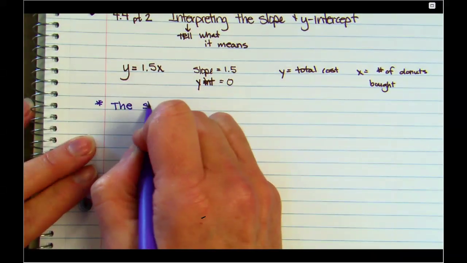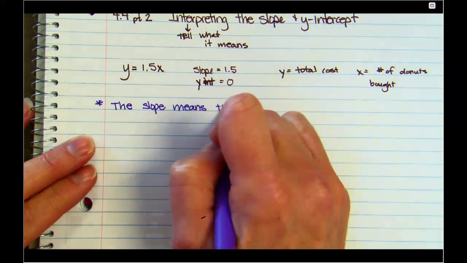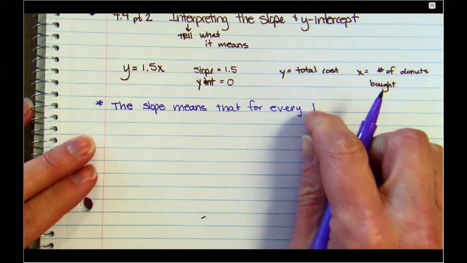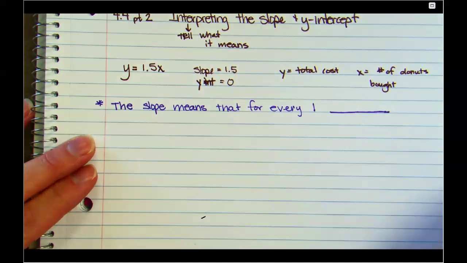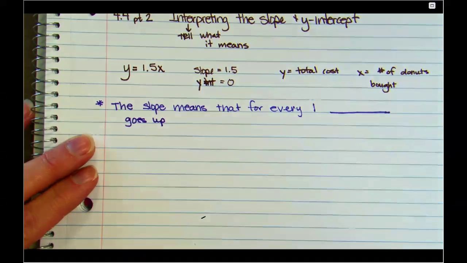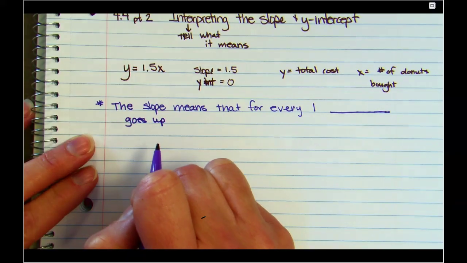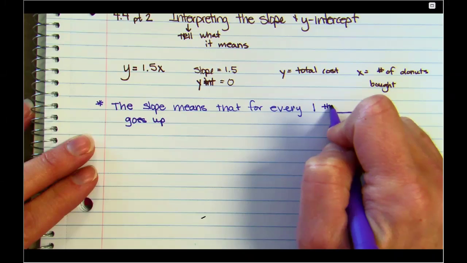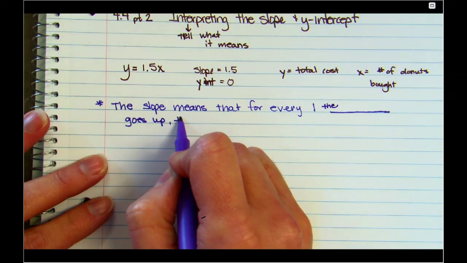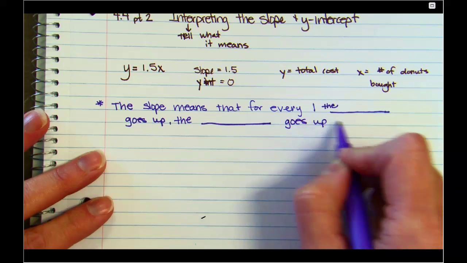So the slope means that for every 1, that's the number 1, and we're going to have a blank there, goes up, and there should be a "the" in here, another blank, goes up, blank.